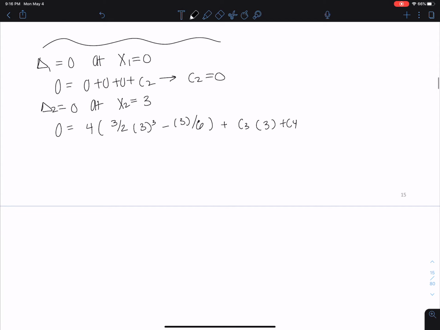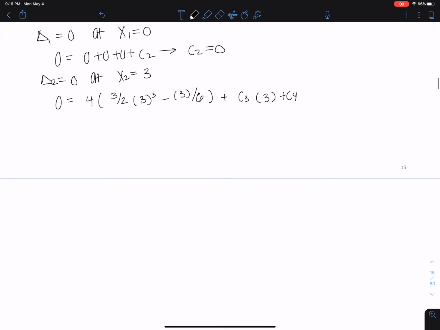And I can't really solve for anything here. I have a C3 and a C4, but now I can say that d delta 1 over dx1 at x equals 2 is equal to d delta 2 over dx2 at x equals 2. And if that's the case, I can plug both of those in and equal them to each other.